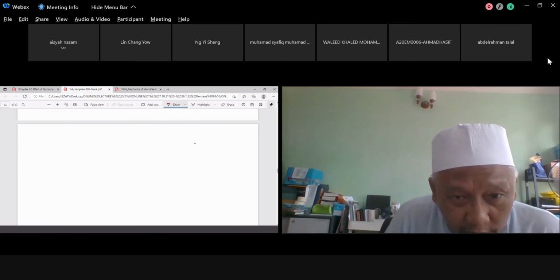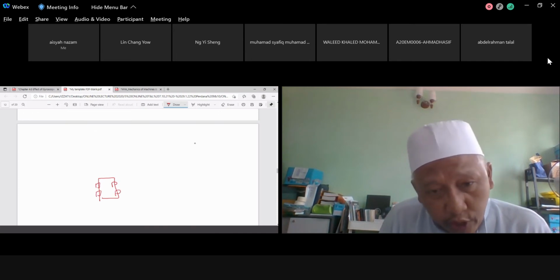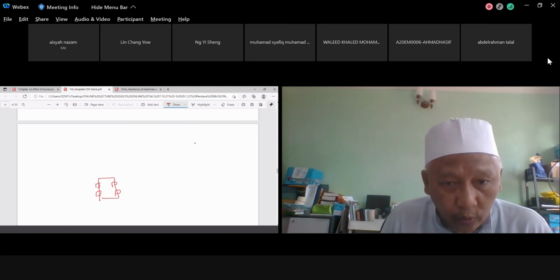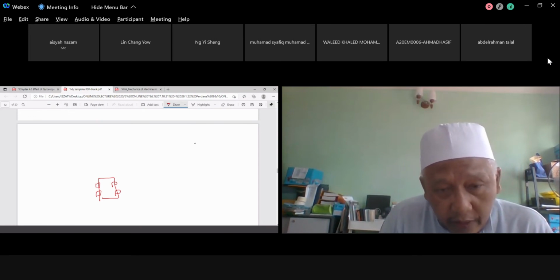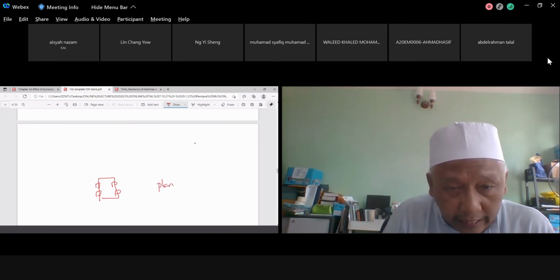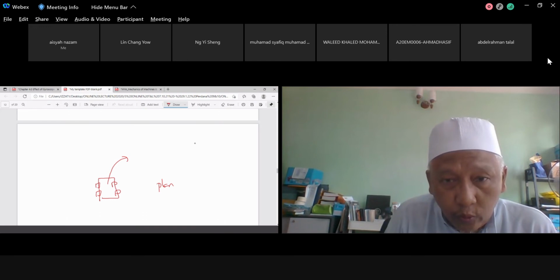So for example, these are vehicles from top view. As my drawing is not good, that's why I prepared my notes as best as possible. So if you look at it from plan view, the vehicle has a tendency to make a right turn, correct?